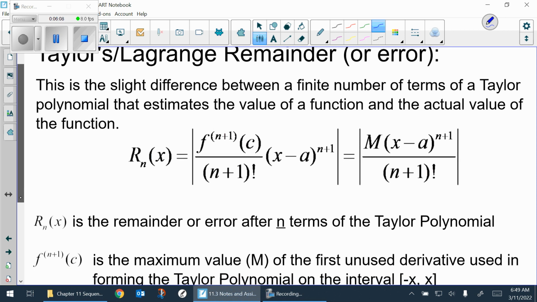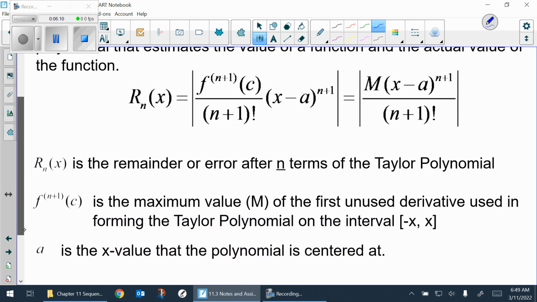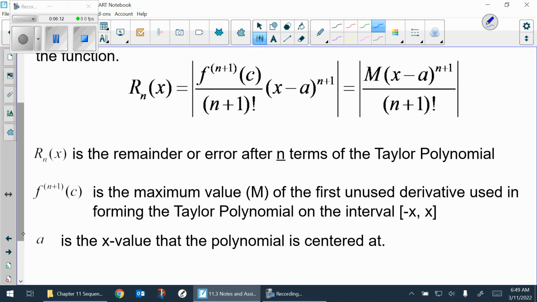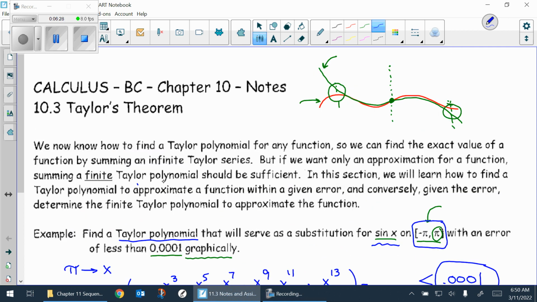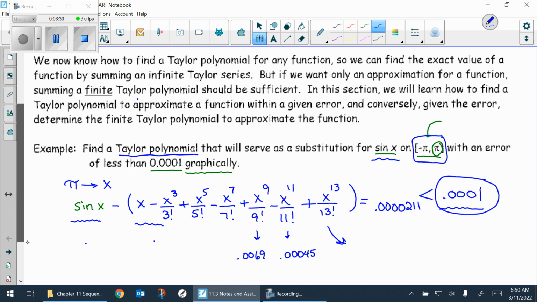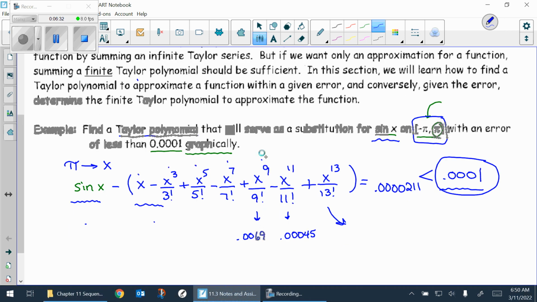This looks kind of complex; it takes some practice. The remainder after n terms. We just did the remainder after how many terms? 1, 2, 3, 4, 5, 6, 7 terms.